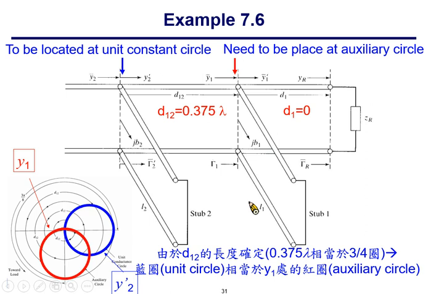The second constraint is the distance between the first and second stub is 0.375. And the consequence is pretty much the same as the single stub matching. What is the input admittance viewed at this point?